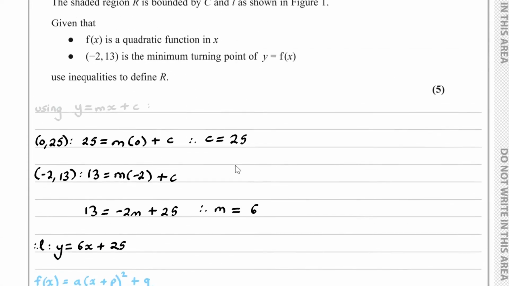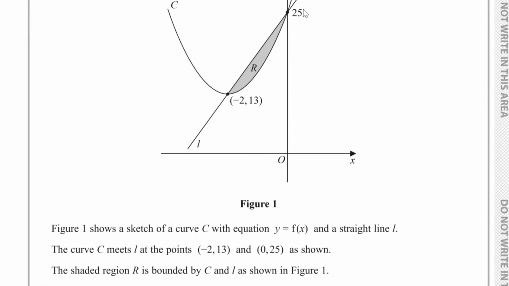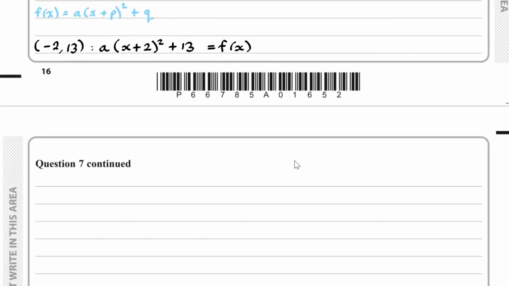And this passes through the point 0, 25. So at the point 0, 25, we have 25 equals a lots of 0 plus 2 all squared plus 13. We can conclude here a is equal to 3.